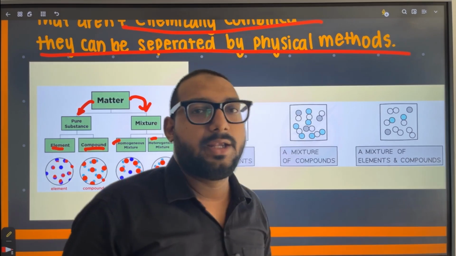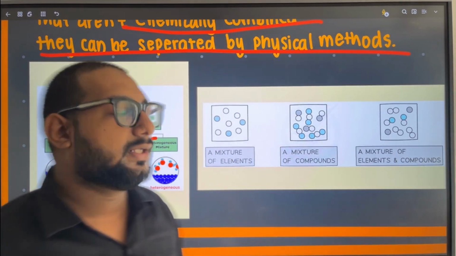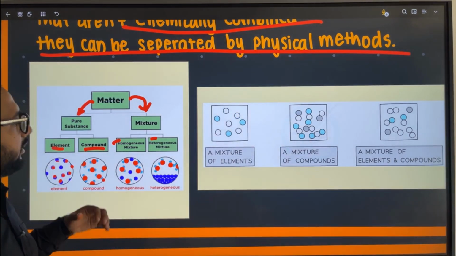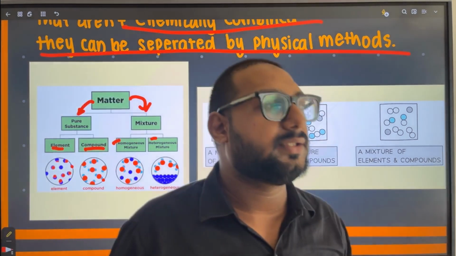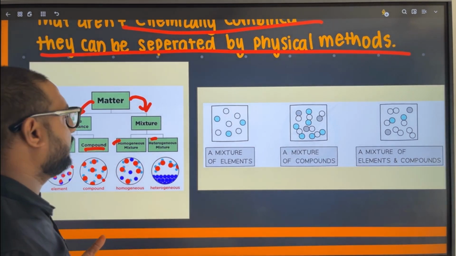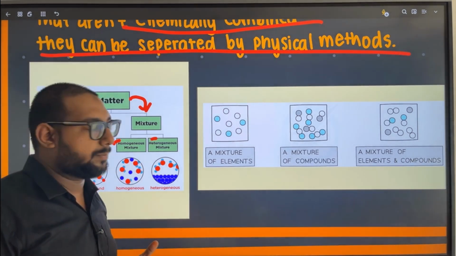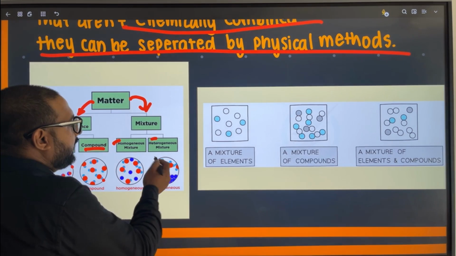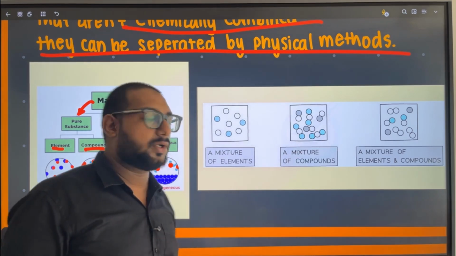For example, you take a solute and solvent, and it is properly dissolved, then that is called a homogeneous mixture. Heterogeneous mixture is when solute and solvent cannot be dissolved properly. Homo means same, hetero means they are not combined properly. An example of a heterogeneous mixture is sand and water.